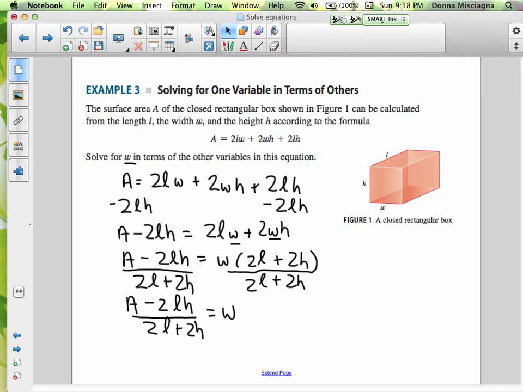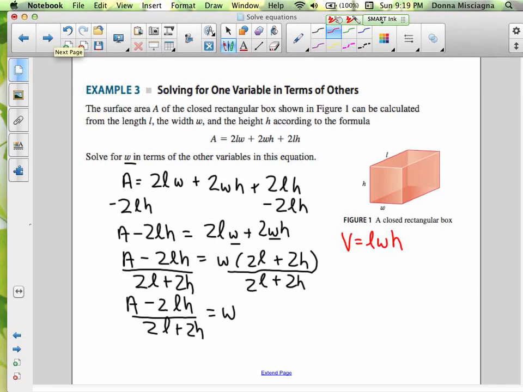Right? What if you had this equation? So we have volume. The volume of this box would be calculated by length times width times height. Now let's say you know the volume and the length, and you don't know the width and the height.